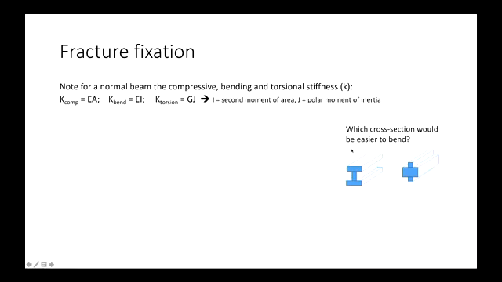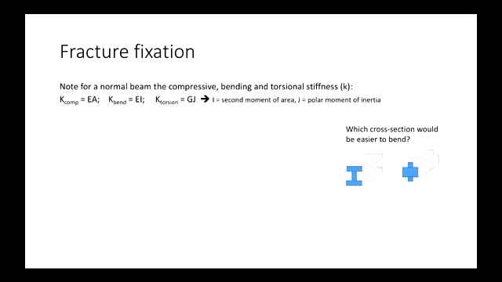Just as a reminder, which of these two cross sections would be easier to bend? If we took that cross section and tried to bend it, which would be stiffer or harder to bend? They've both got the same cross-sectional area, but one would be harder to bend. Hands up if you think that one.